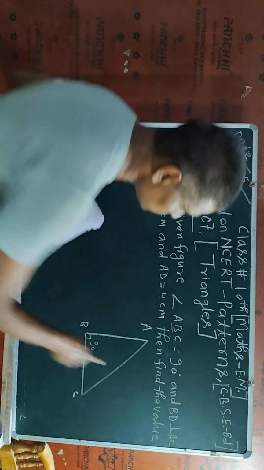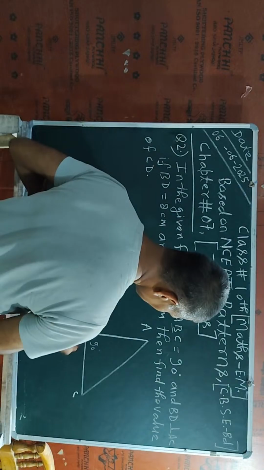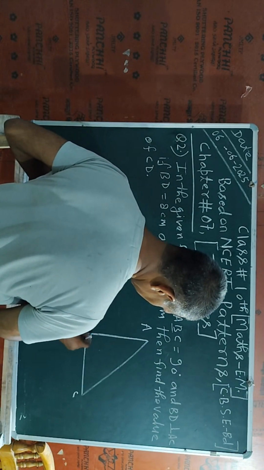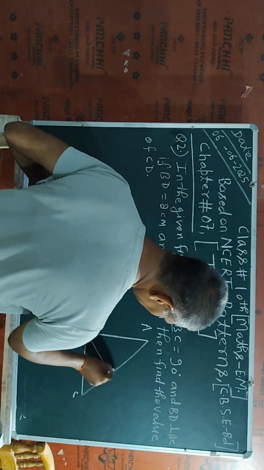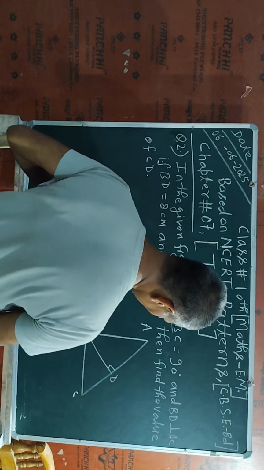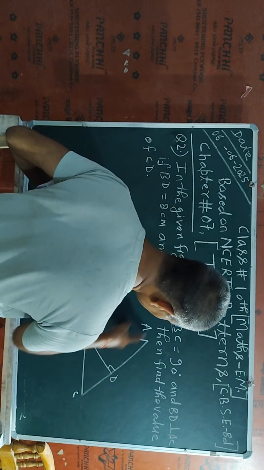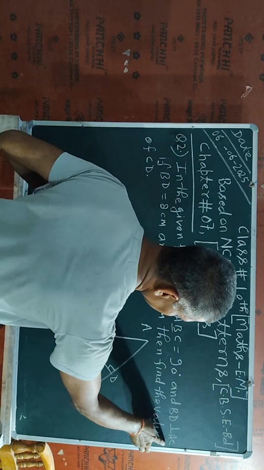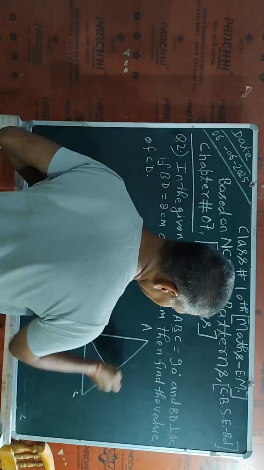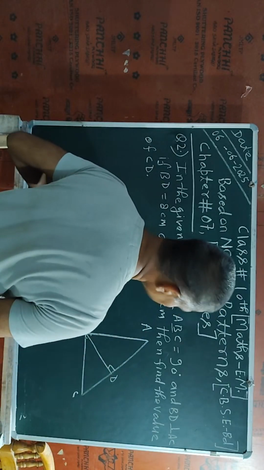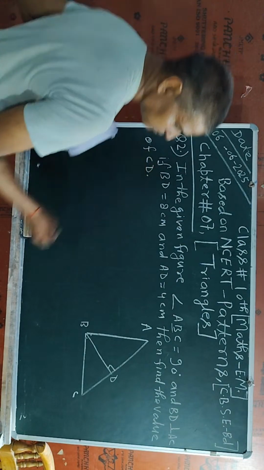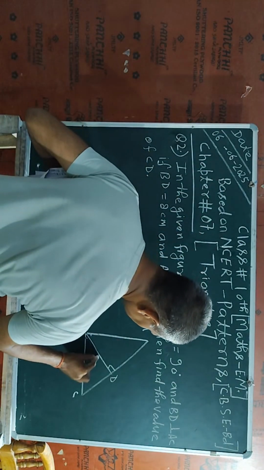Now this information BD: here I will write a line BD, which is perpendicular to AC. So this is AC and this is BD. This BD line is perpendicular to AC. The value of BD is 8 centimeter. This is 8 centimeter.